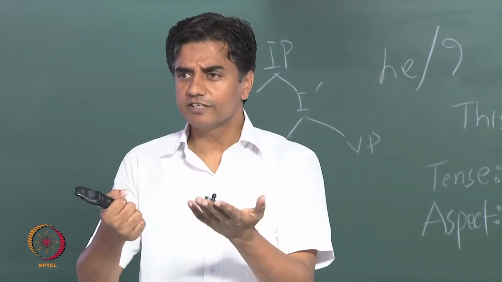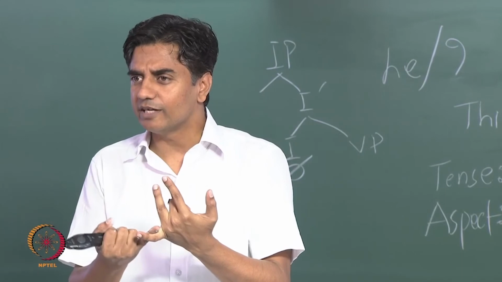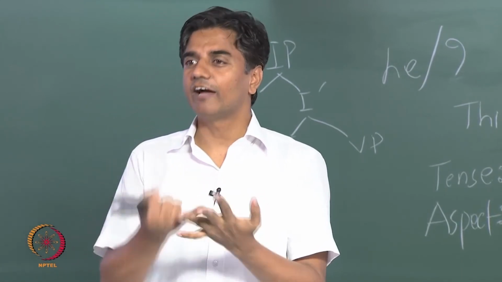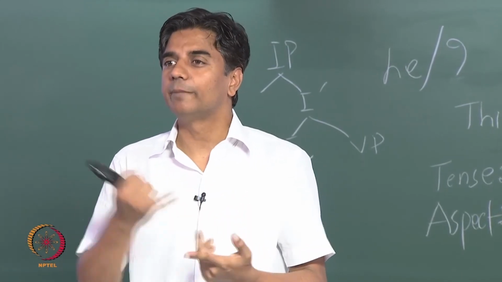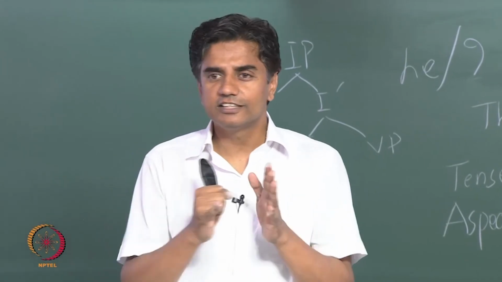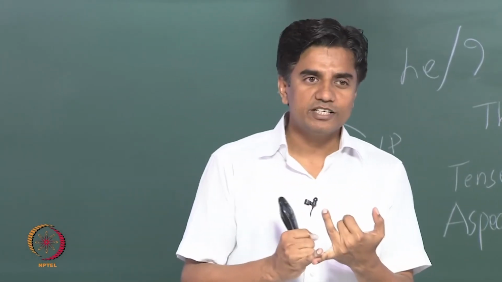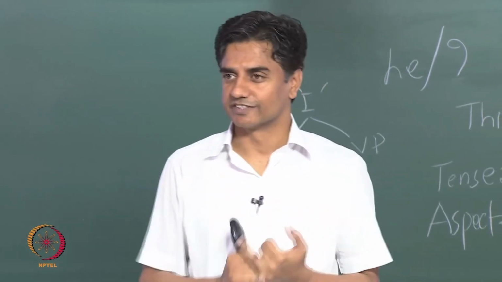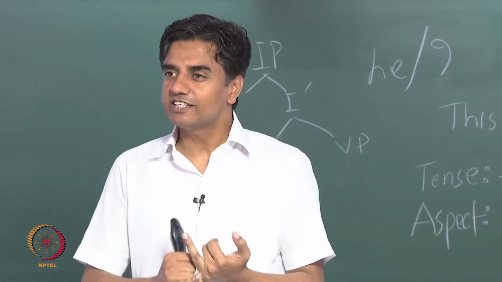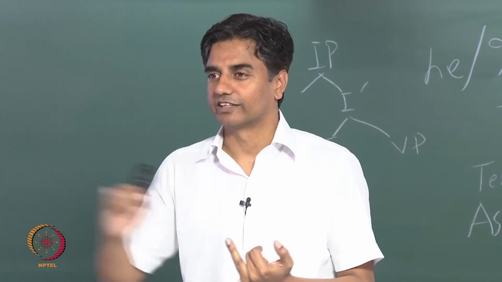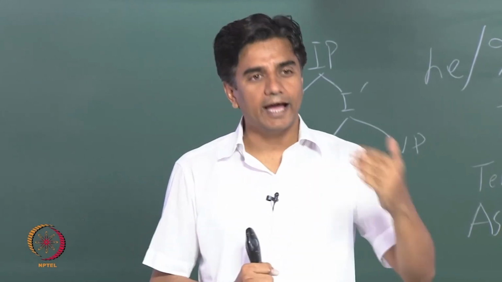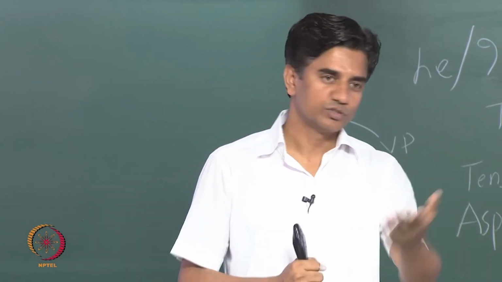You just listen to this, a very simple sentence. I am eating, I have eaten, and I have been eating. Aren't the distinctions categorical? This is not a subtle difference. I am eating is present continuous. I have eaten is present perfect. I have been eating, you gave this sentence.